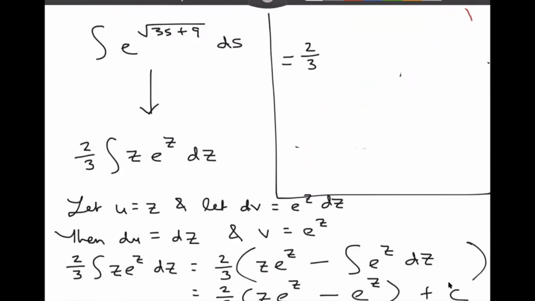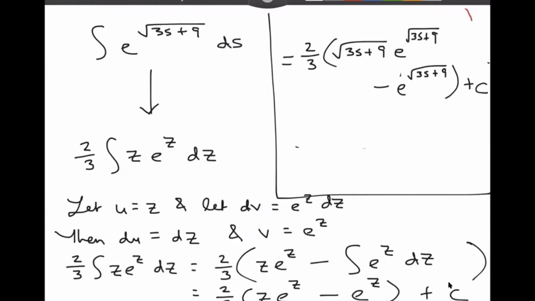Two-thirds times the square root of 3s plus 9 times e to the square root of 3s plus 9 minus e to the power square root of 3s plus 9 plus c. All right. And that's what I call a tricky substitution.